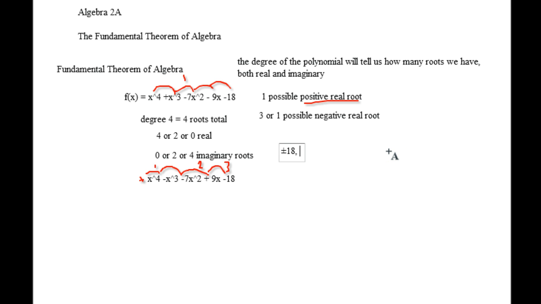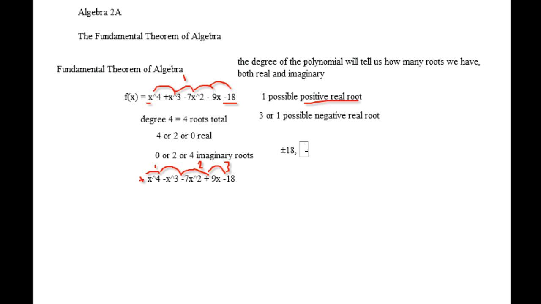So plus or minus 18, I'm going to write out all the factors of the last term. Remember, I'm doing the rational root theorem, so I'm going to divide by the leading term, so that's going to be plus or minus 1 up top. If I'm dividing by plus or minus 1, I might as well write the factors of 18.